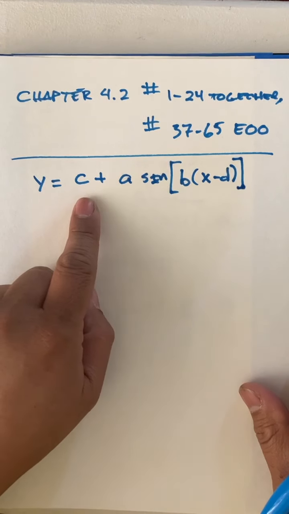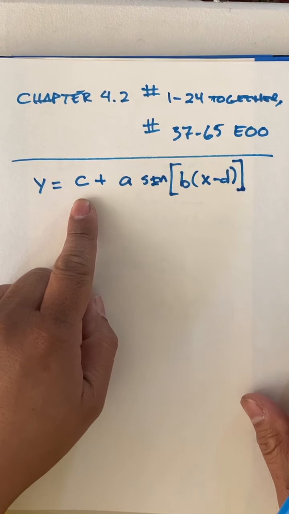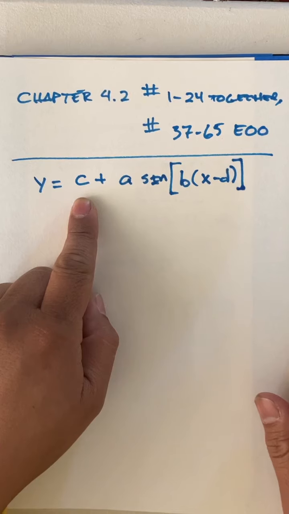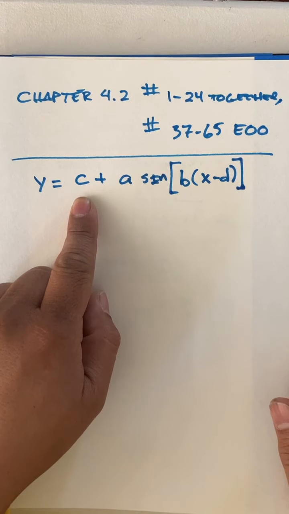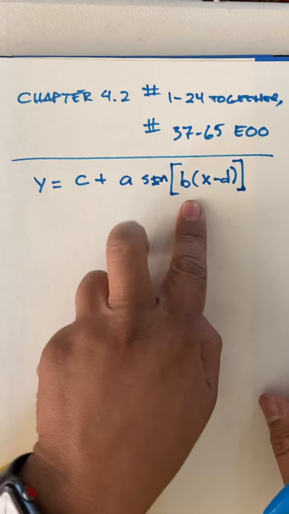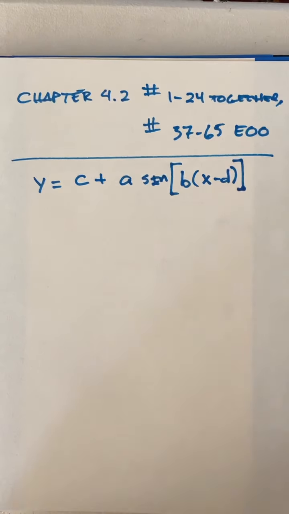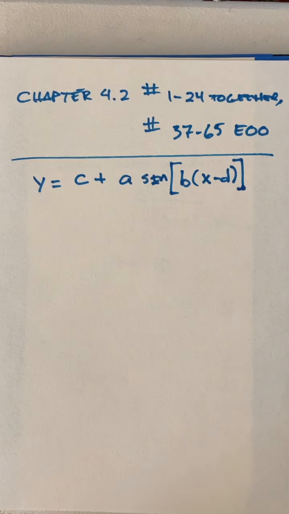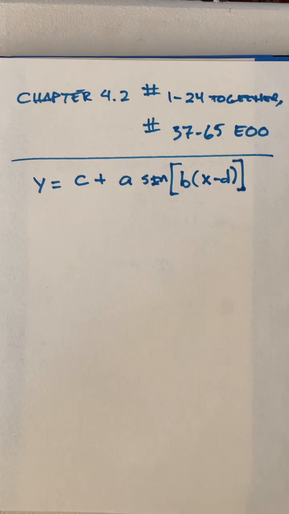Just to note, this C is sort of like the y-intercept for y equals mx plus b, and this A and the B kind of combine and act like the slope a little bit. Okay, so just to know that.